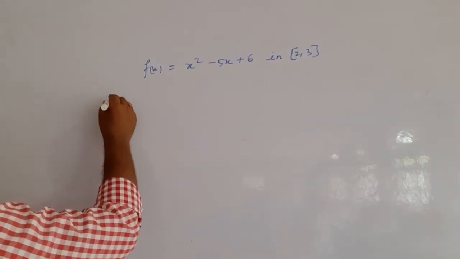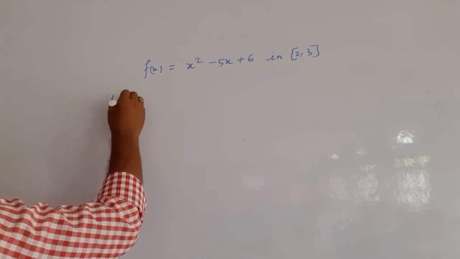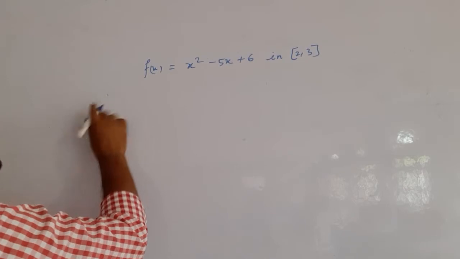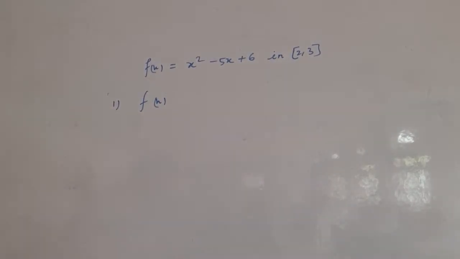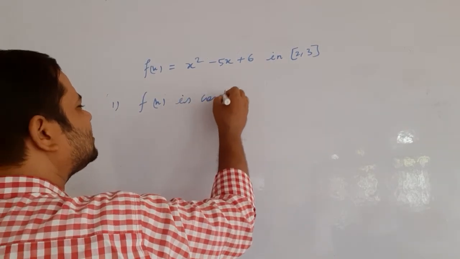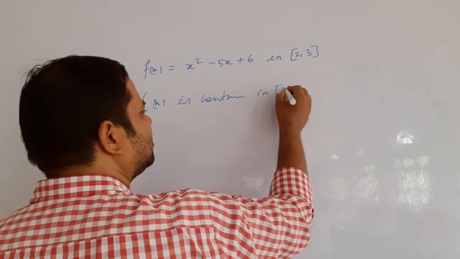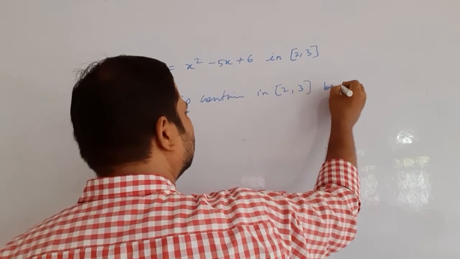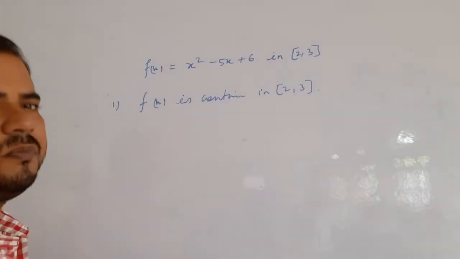So first of all we see f(x) is continuous in closed interval [2, 3], being a polynomial function.